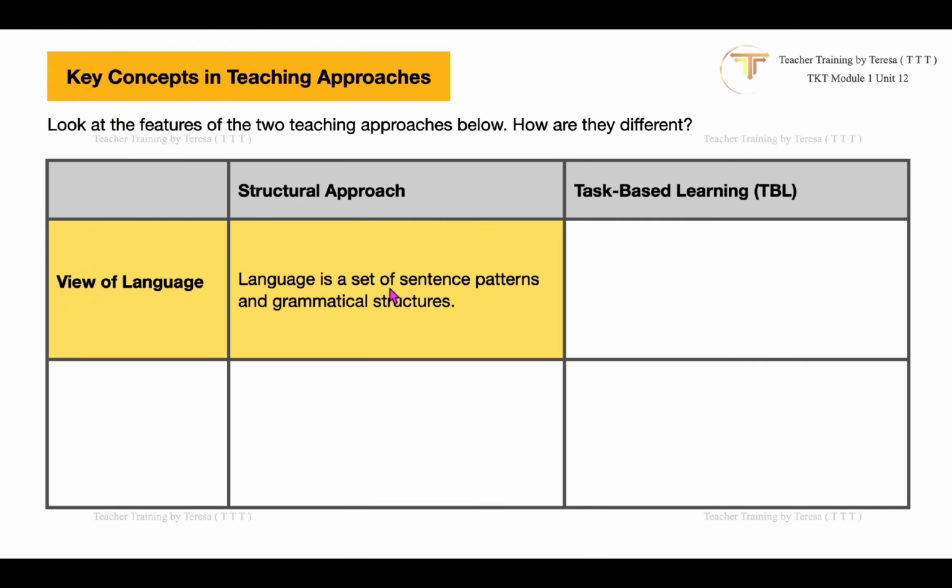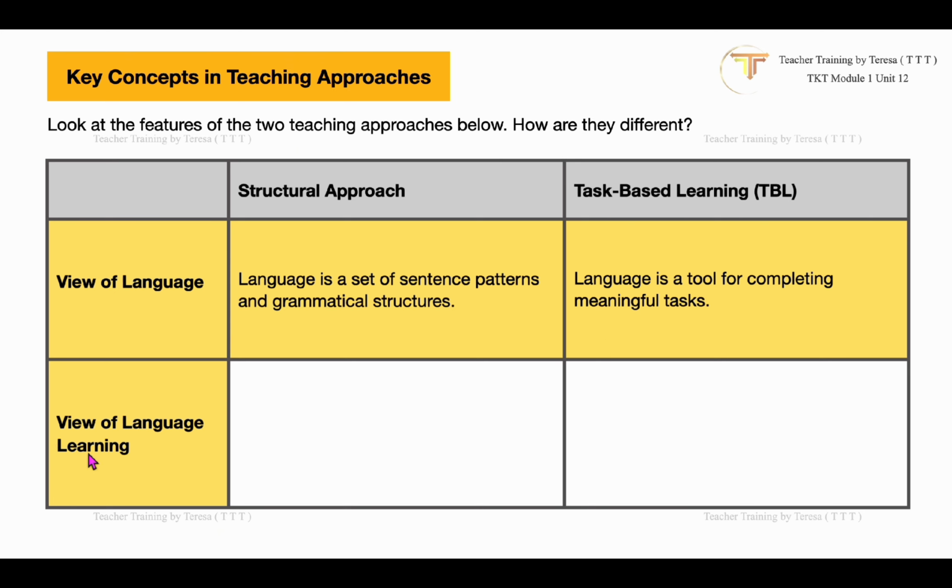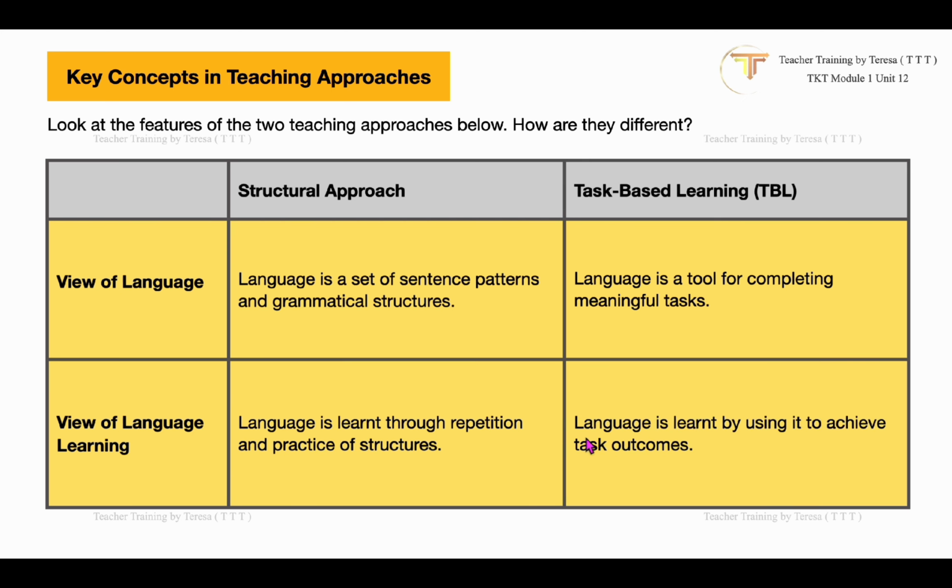Language is a set of sentence patterns and grammatical structures. Language is a tool for completing meaningful tasks. View of language learning. Language is learnt through repetition and practice of structures. Language is learnt by using it to achieve task outcomes.